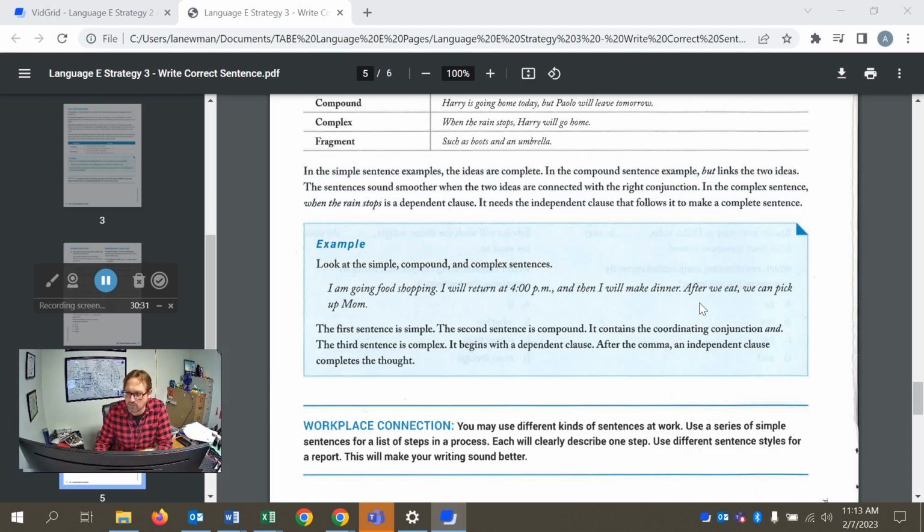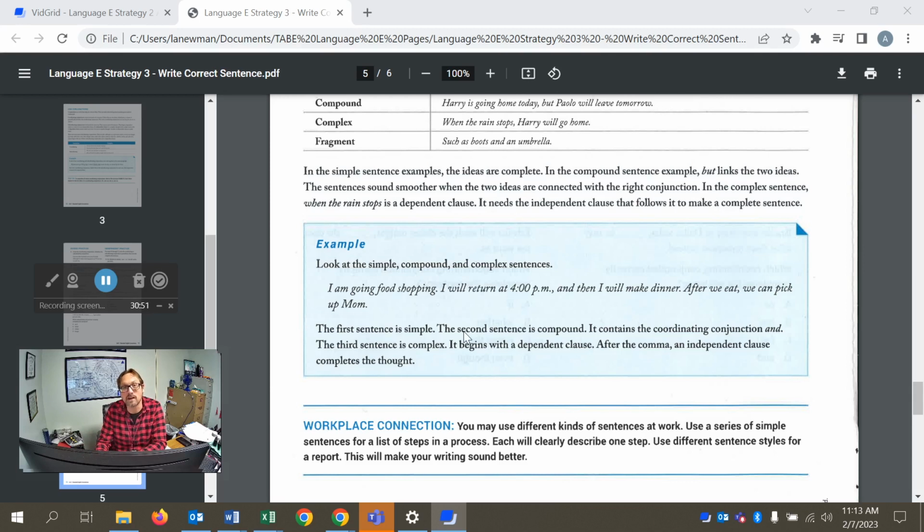And one thing to note before we leave this example, the comma. Let's say I wanted to switch the order of the sentence, which is legal, to we can pick up mom after we eat. So independent, then subordinate clause. When you flip it like that, you actually don't need the comma anymore.